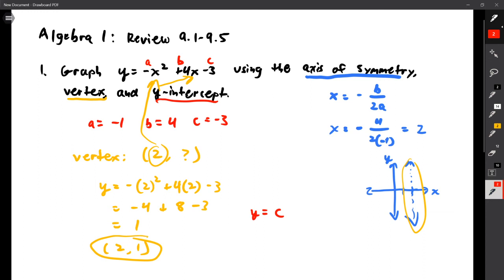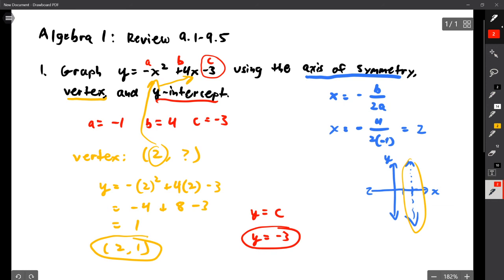The x value, when you're on the y-axis, is 0. So if you look at our original equation, if we plugged in 0 for the x's, all that we're left with is this negative 3. In other words, that's the y value when x is 0. That's the y value where we're crossing the y-axis. So what we have is y equals negative 3.